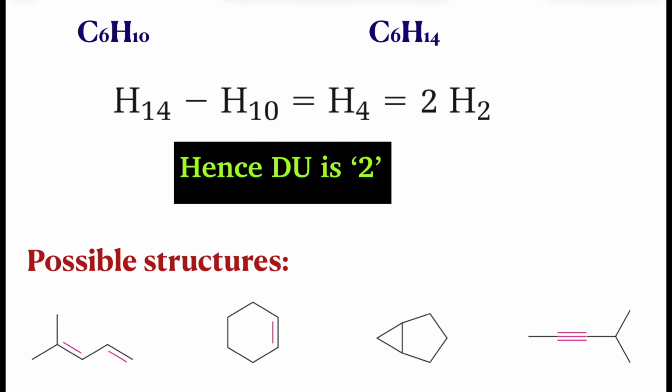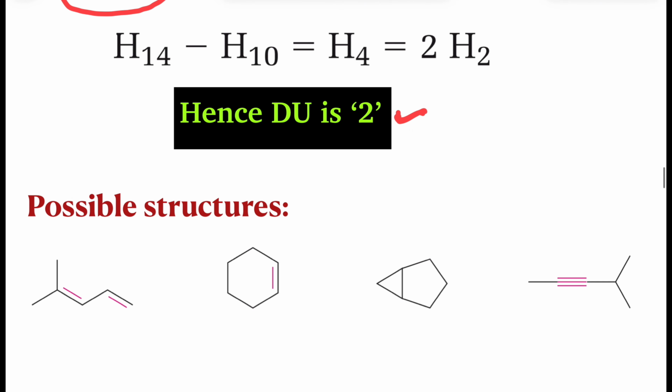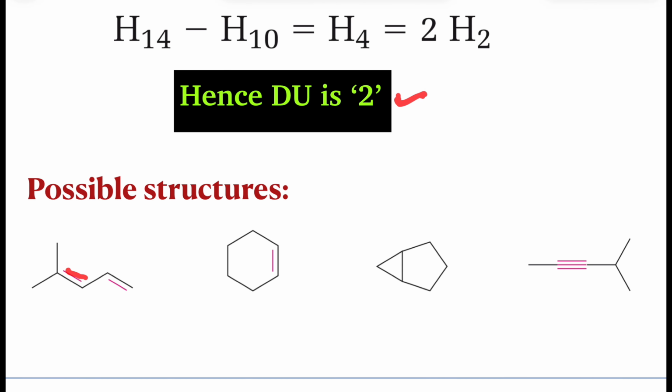For example, C6H10 has a degree of unsaturation of 2. That means we can write 2 pi bonds, in the form of 2 double bonds or a triple bond. Otherwise, we can write one ring system and one pi bond. Otherwise, we can also write two ring systems.